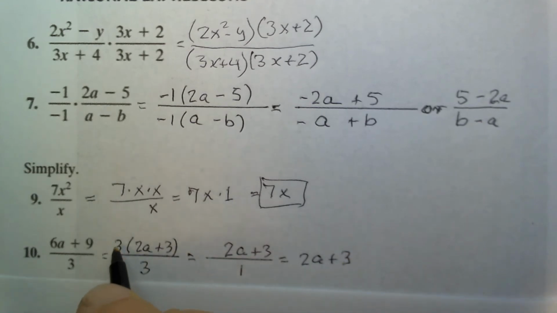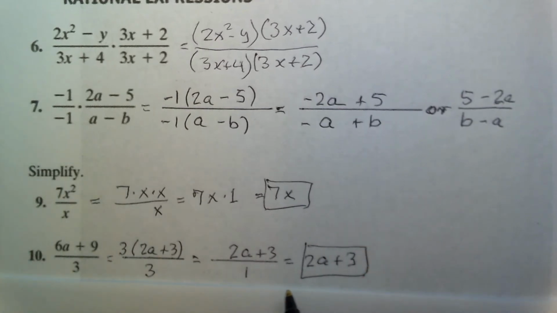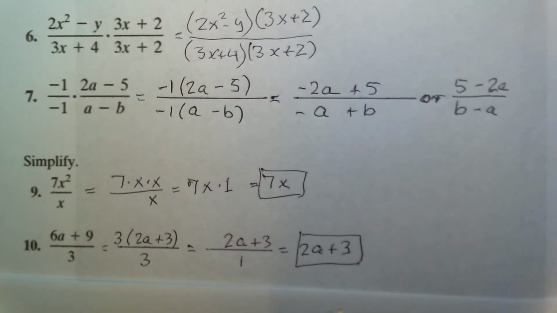The 1 comes from canceling the 3 against the 3. You don't necessarily have to use this step in between. I just did it for clarification, in case you're wondering whatever happened to the 3. So the 3 against the 3 is a 1.